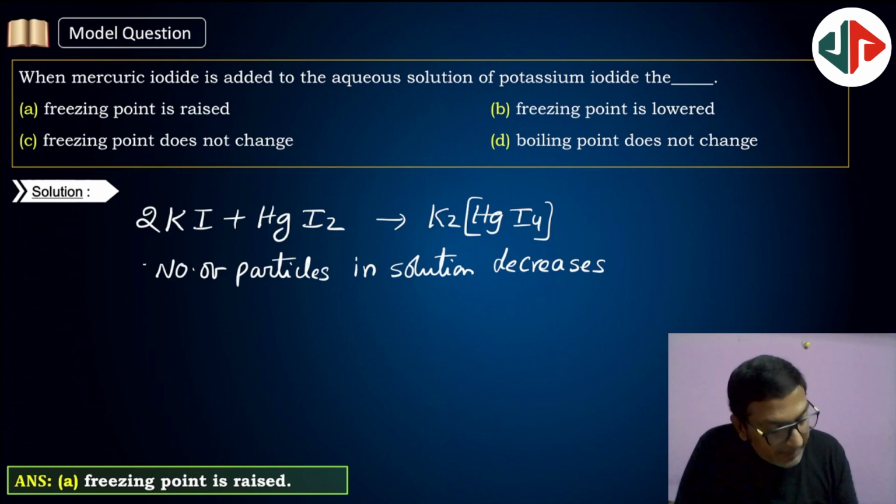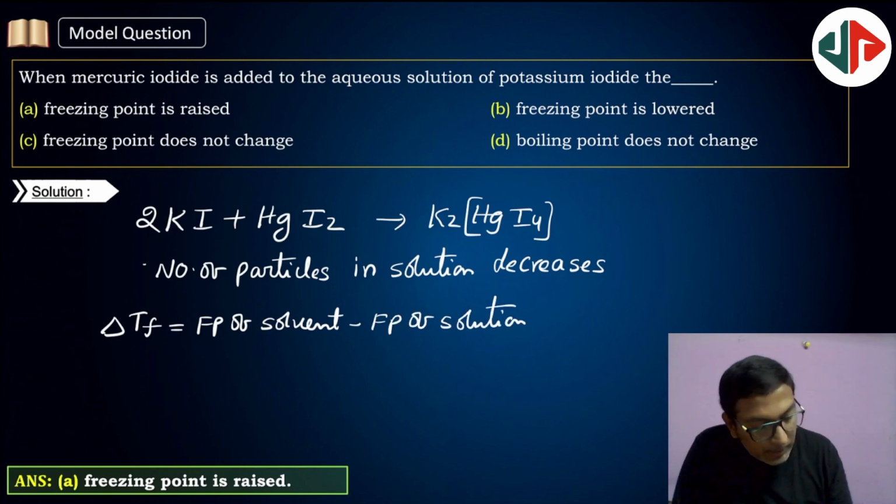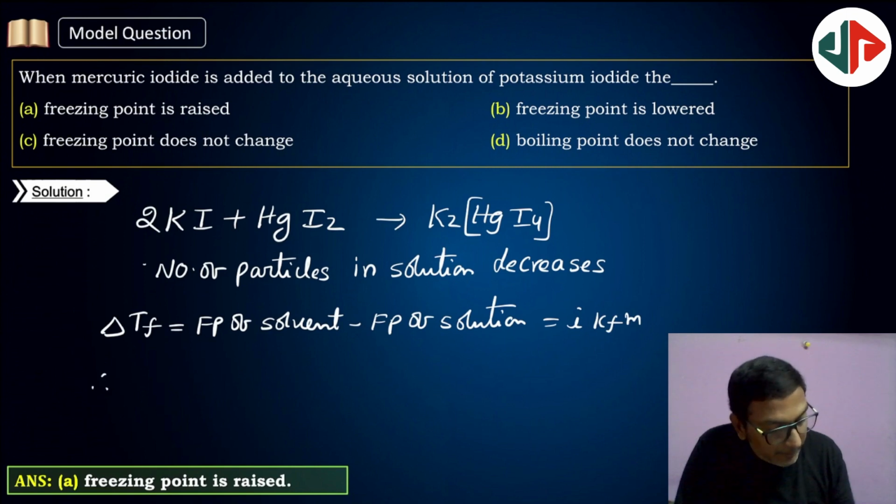That means depression in freezing point, delta Tf equal to freezing point of solvent minus freezing point of solution equal to i into Kf into m. So Kf, m are constant, and freezing point of solvent also constant. Therefore minus freezing point of solution is directly proportional to i.